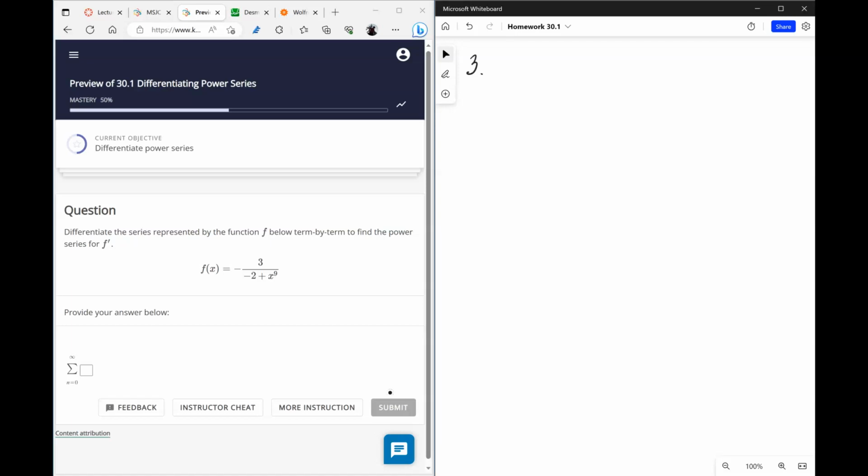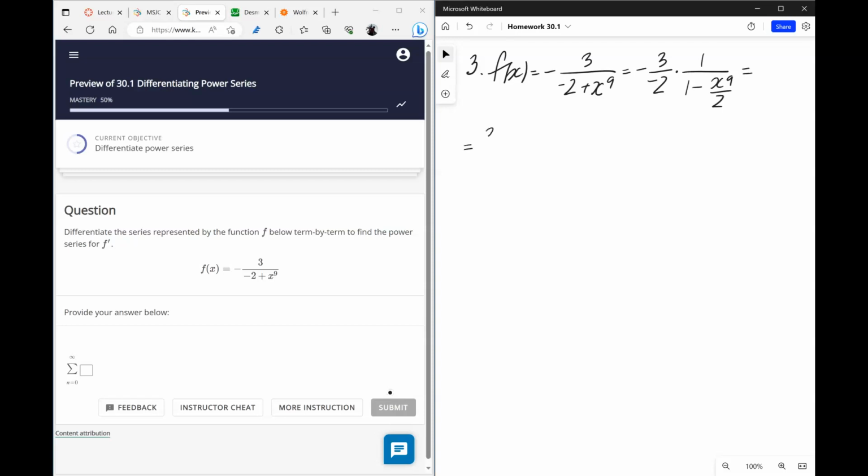Another one. We're going to take out -3 over -2. So we have 1 over 1 minus x to the 9 over 2.